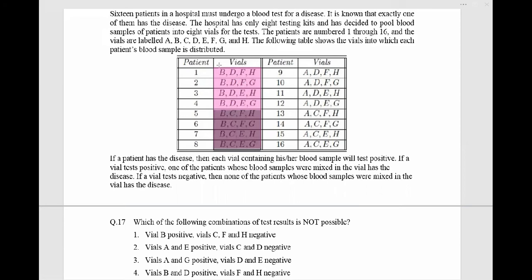F negative, ruled out. H negative, ruled out. So this one is very much possible. This situation is very much possible when 4 is the affected patient. So option 1 is possible, so option 1 is not the desired option.